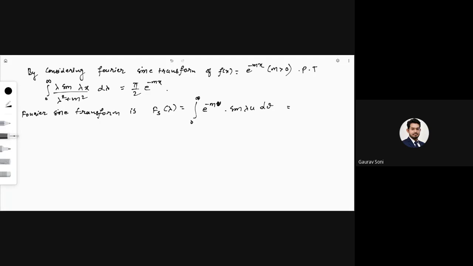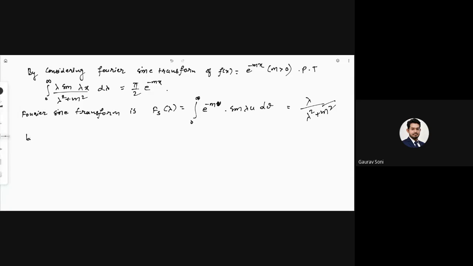Tell me the final answer. The two formulas that I gave you, from that the answer for this is lambda upon lambda square plus m square.